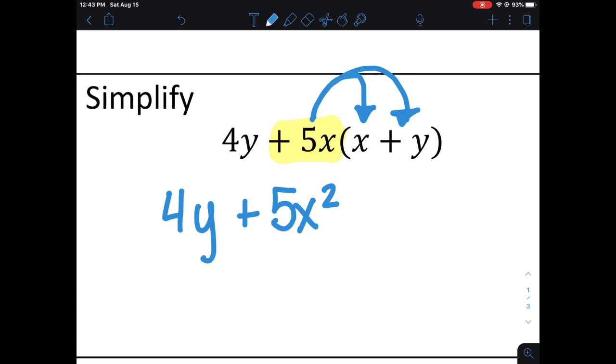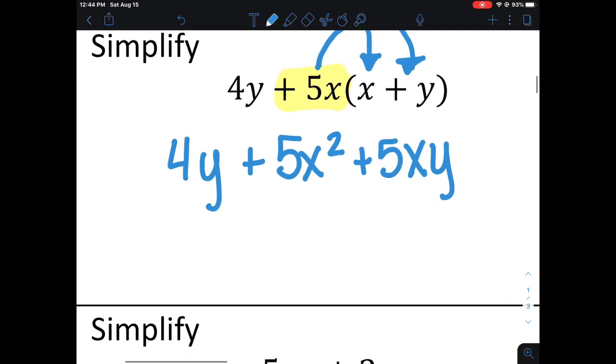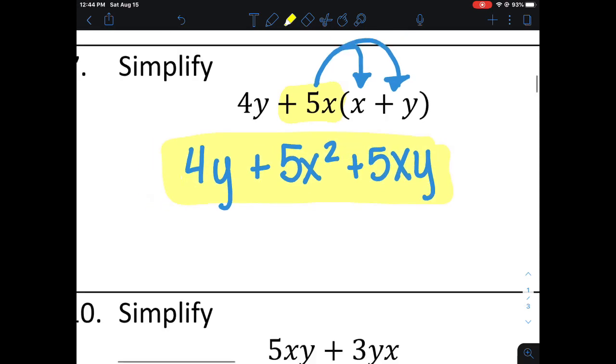Okay, and then 5x times y is plus 5xy. X times y. I can't combine any of these terms. They have nothing in common. So I'm just going to leave that. That's my answer. Nothing further to do.